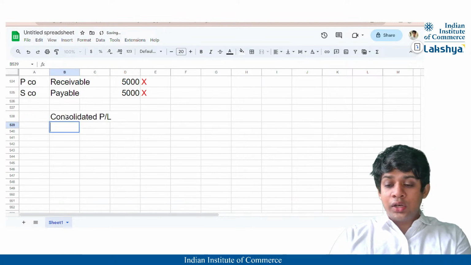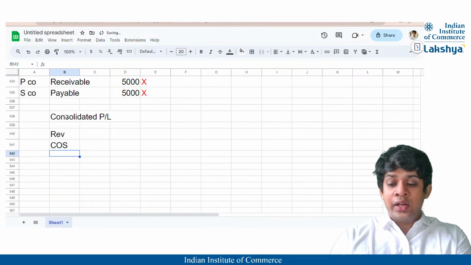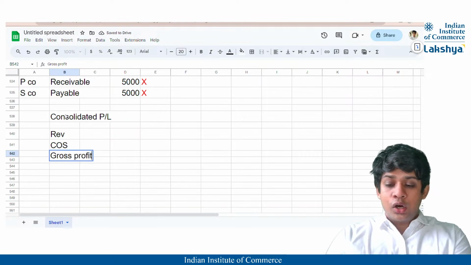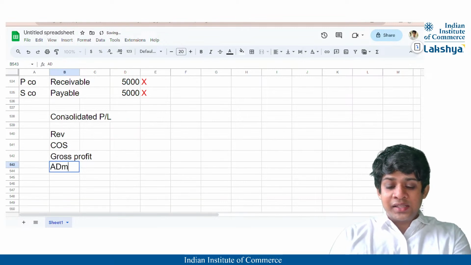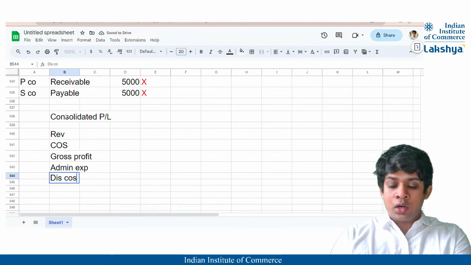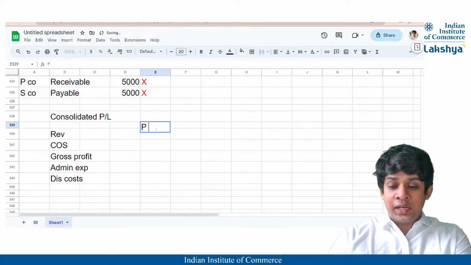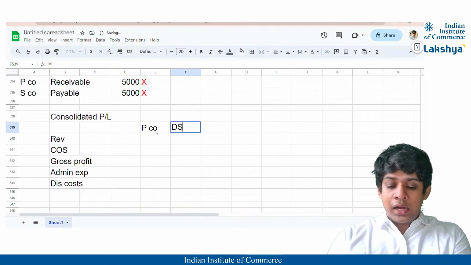Now, for our consolidated P&L, we will have our revenue, our cost of sales, our gross profit, right? Then again admin expenses, administration expenses, right? Any distribution costs and so on. So all these costs will be mentioned of the parent and of the subsidiary company, correct?